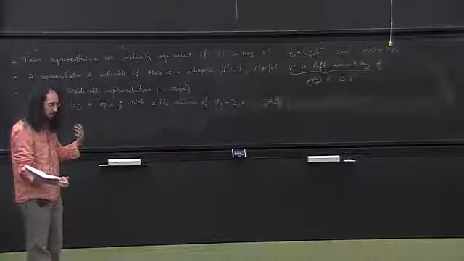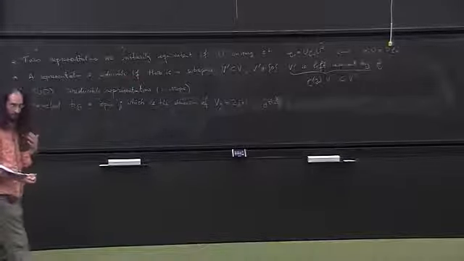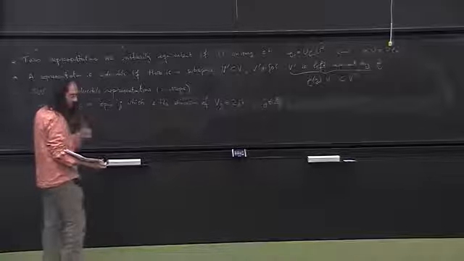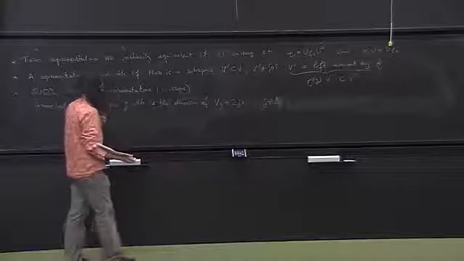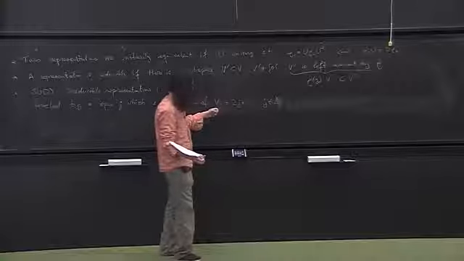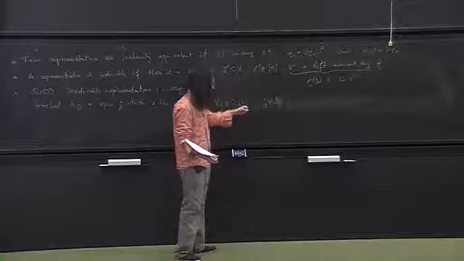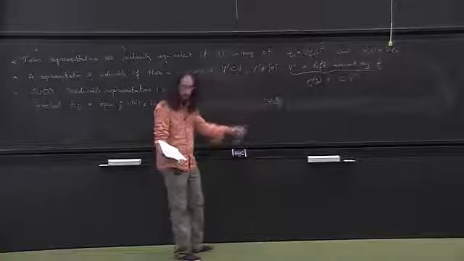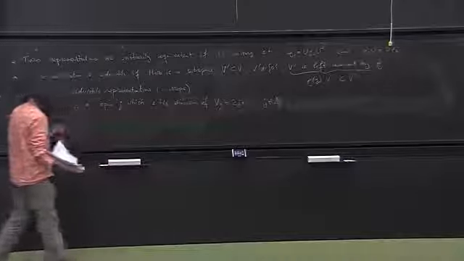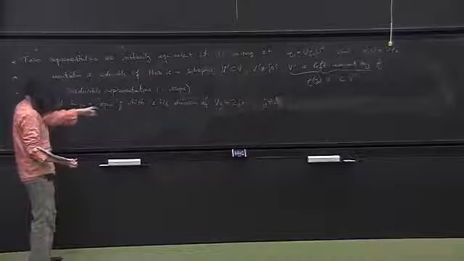So if you give me some irreducible representation of SU2, up to a unitary transformation it acts on a vector space of dimension 2j plus 1, where j is some half integer. And we call j the spin.